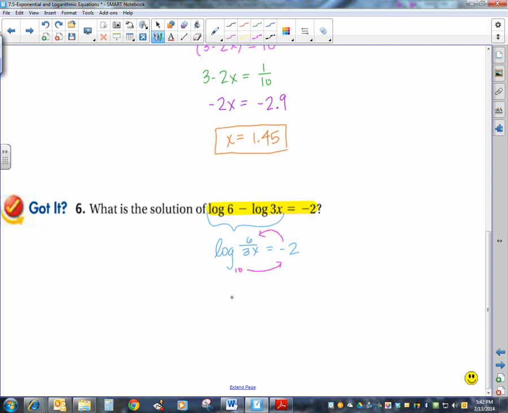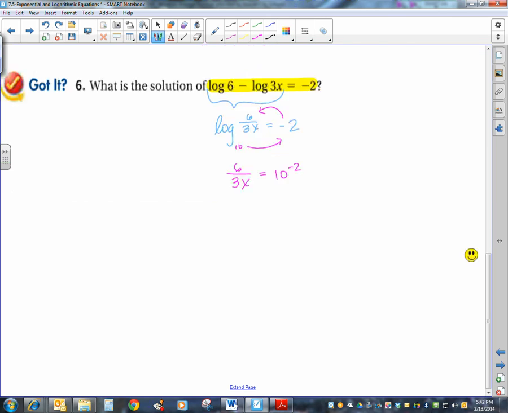So that's 6 over 3x equals 10 to the negative 2. And 10 to the negative 2 is 1 over 10 squared, which is 1 over 100.